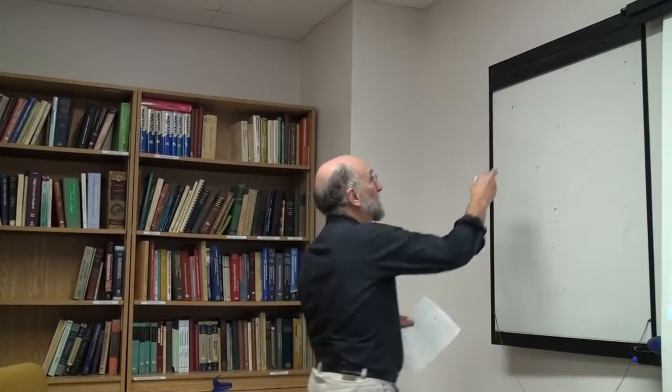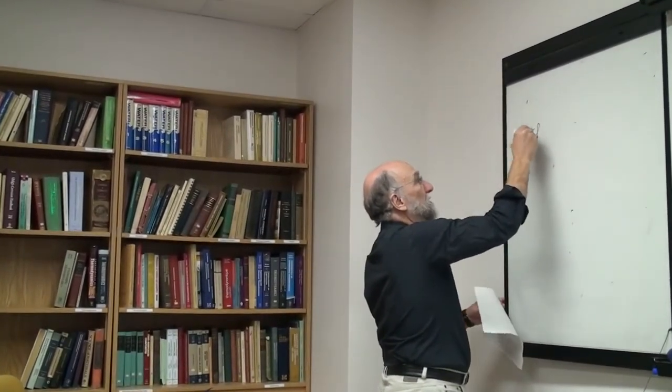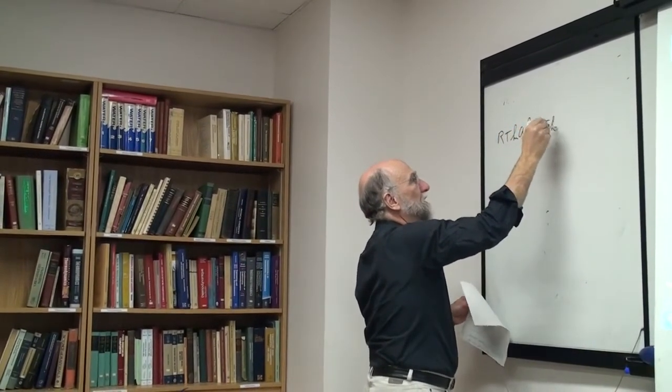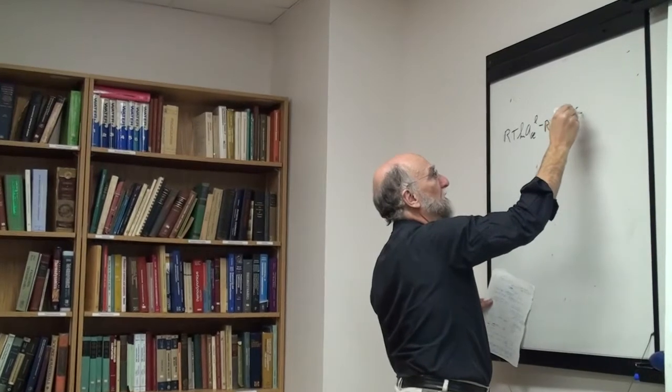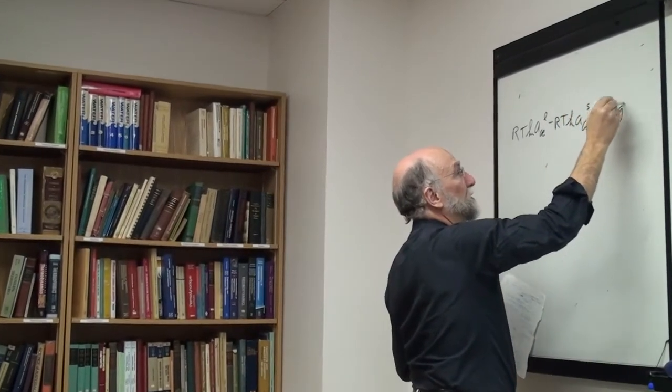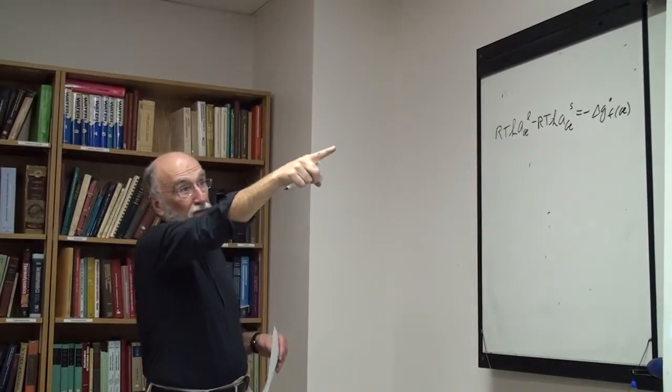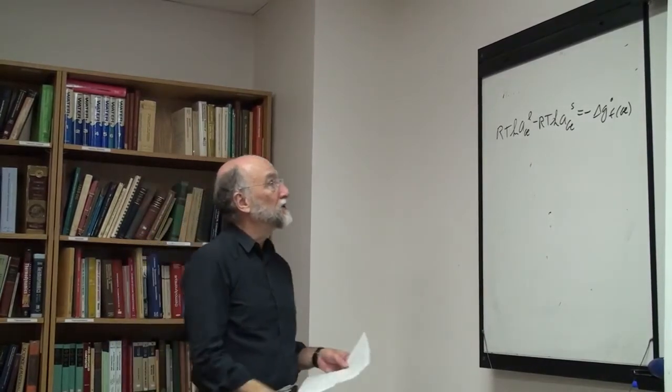Okay, so now we have the two equations: RT log activity of germanium on the liquidus minus RT log activity of germanium on the solidus equals minus the Gibbs energy of fusion of germanium, which can be used, that equation there.